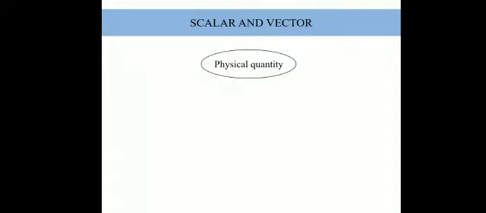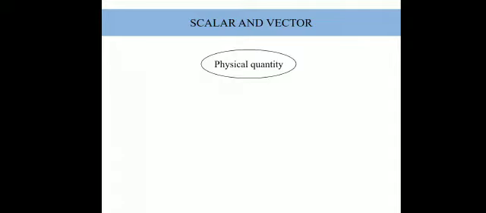Okay, so number one, it is a scalar quantity. A physical quantity can be called a scalar quantity, or a physical quantity can be called a vector quantity. So first of all, what is a scalar quantity? A physical quantity which has magnitude and no direction. Such physical quantities are known as scalar quantities.